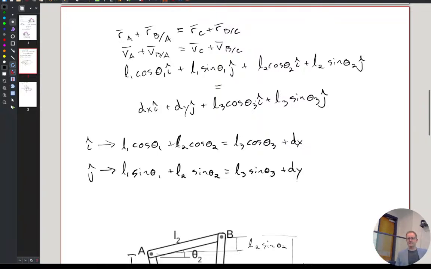And the reason that I left it in terms of L1, L2, L3, dx, dy is we're going to take this equation, plug it into the next one, and just plop in different values of dx and dy.